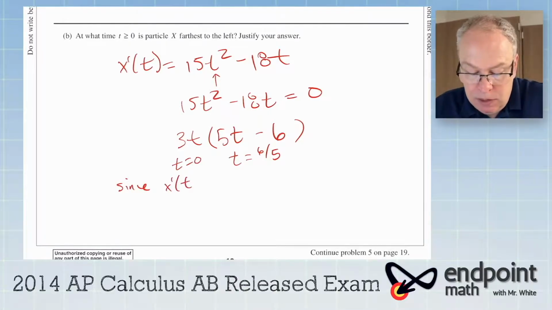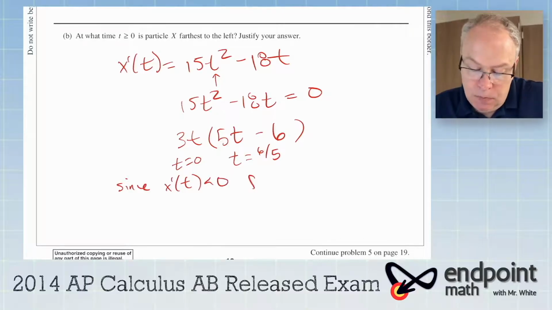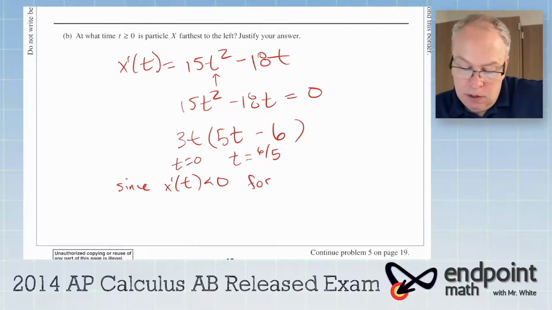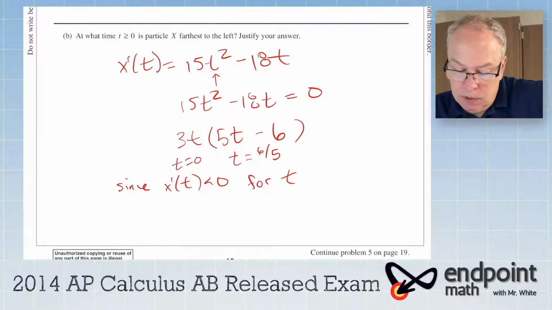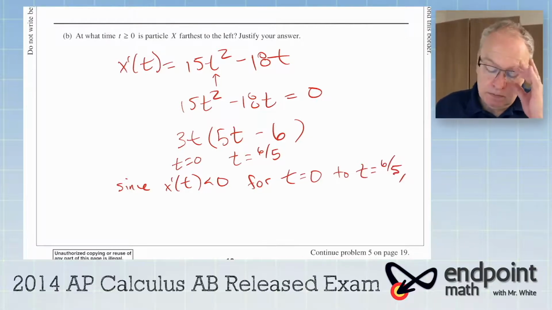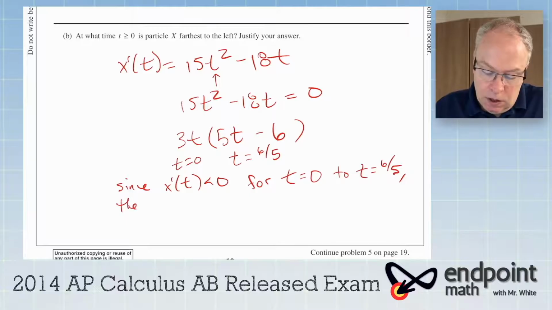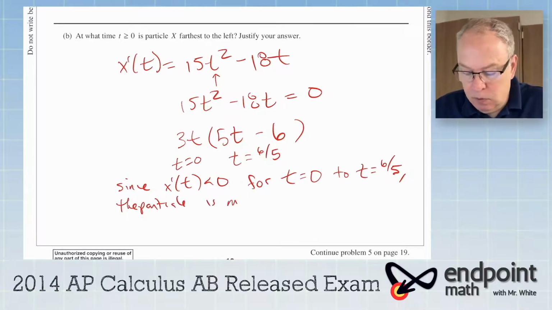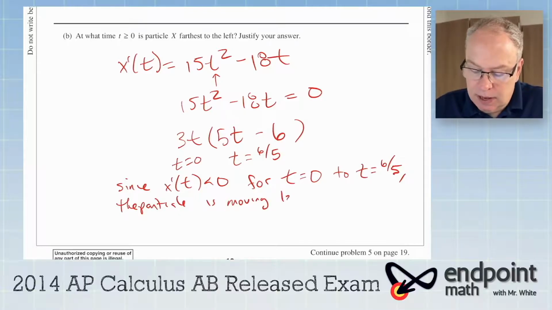x prime is less than 0 for t equals 0 to t equals 6/5, the particle is moving left.